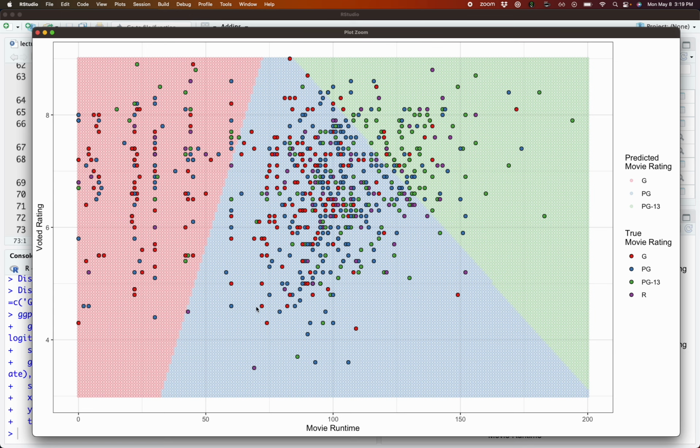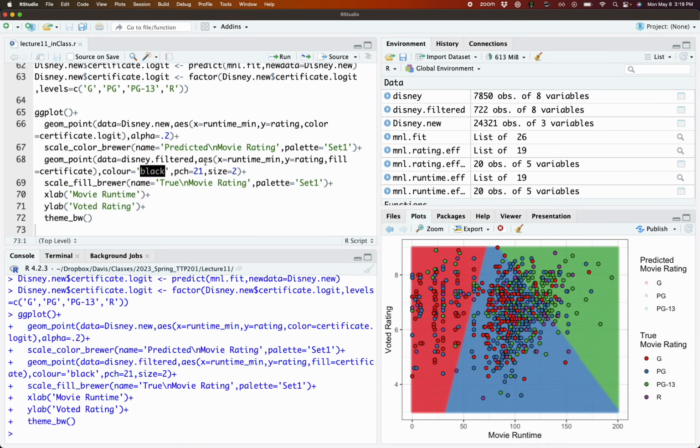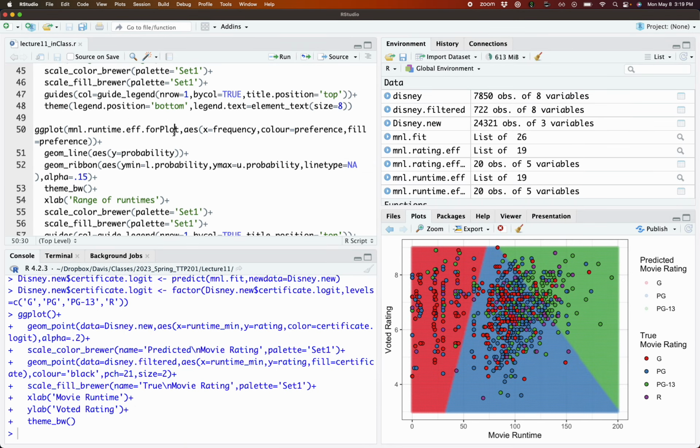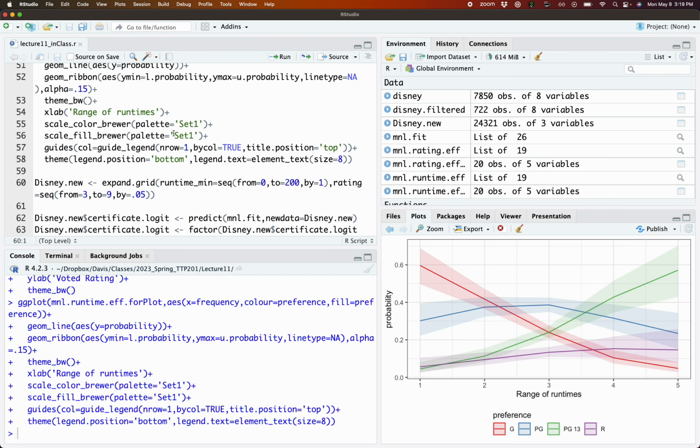From our plots from before, at any given point you have some probability of having a certain rating, but R-rated movies are never the highest, so it never gets picked. That's 75%. Okay, great. Any questions about this?